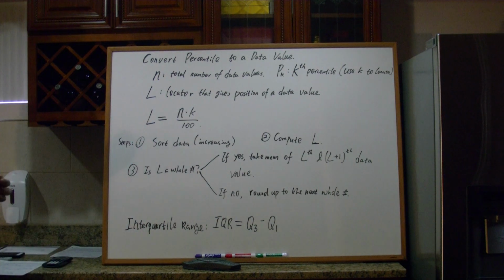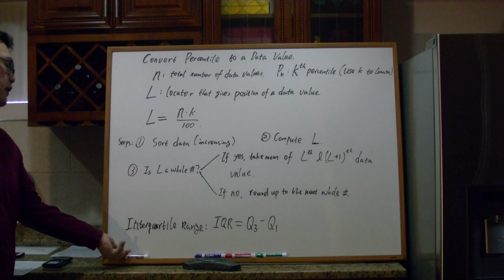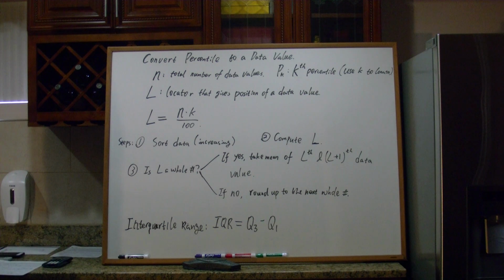Interquartile range is Q3 minus Q1. That sometimes helps us to see what the outliers of the data set are.